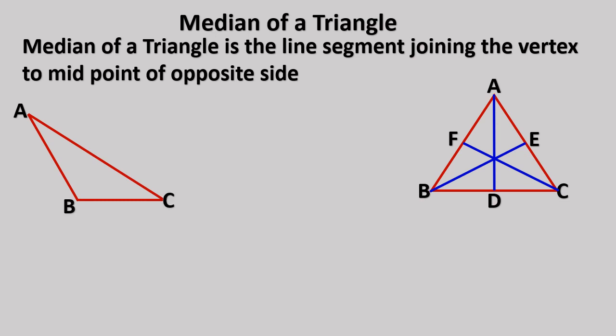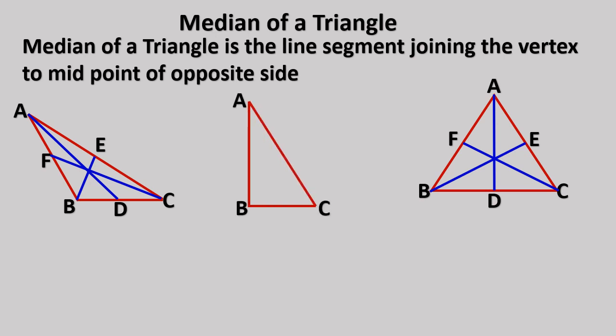Now let us see the medians of an obtuse angle triangle. Yes, AD, BE, CF, and for a right angle triangle, yes, AD, BE and CF are the medians.